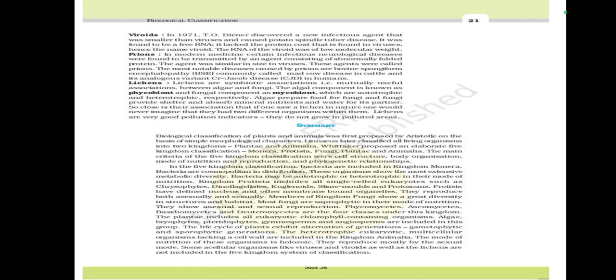Prions. In modern medicine, certain infectious neurological diseases were found to be transmitted by an agent consisting of abnormally folded proteins. The agent was similar in size to viruses. These agents were called prions.